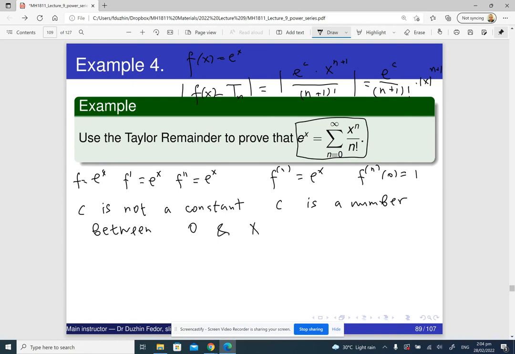Well, but if c is between 0 and x, then it means that in any case, c is going to be less than or equal to the absolute value of x, right? It could be smaller, but it is definitely not more than the absolute value of x.